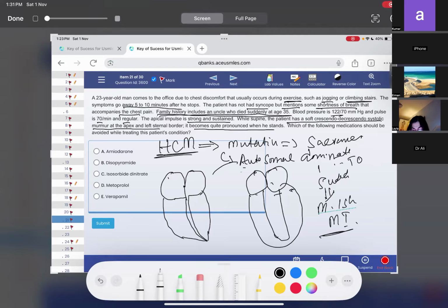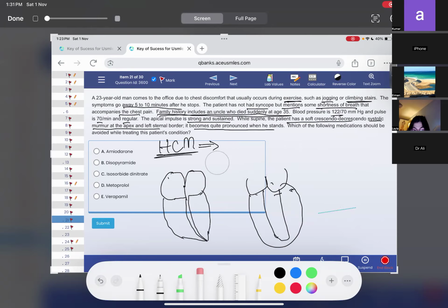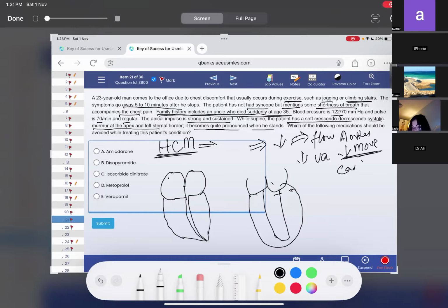So we have to avoid in this patient any type of medication that will decrease the venous return, because the patient already has a decreased amount of blood flowing through the aorta. If we decrease the venous return, the blood flow will decrease even more, and this will lead to cardiac ischemia, because the cardiac muscle uses 70% of the oxygen supplied to it.